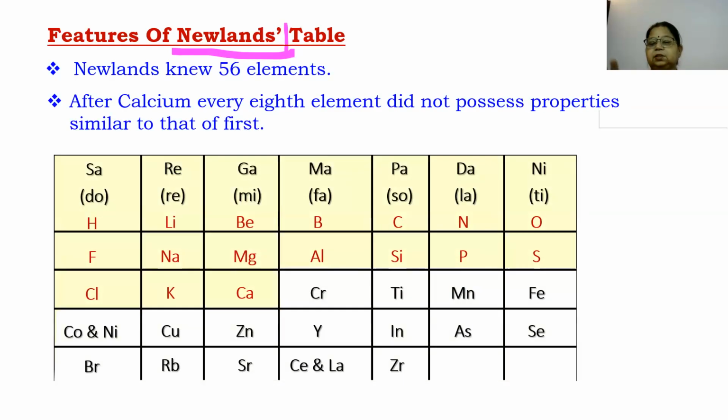Now, these are the features or what can be expected from Newlands' periodic table. If you look at this carefully, he has somehow managed to adjust the 56 elements. But the main issues are that certain elements are grouped together, like you can see cobalt and nickel. Do you know the symbol of cobalt?